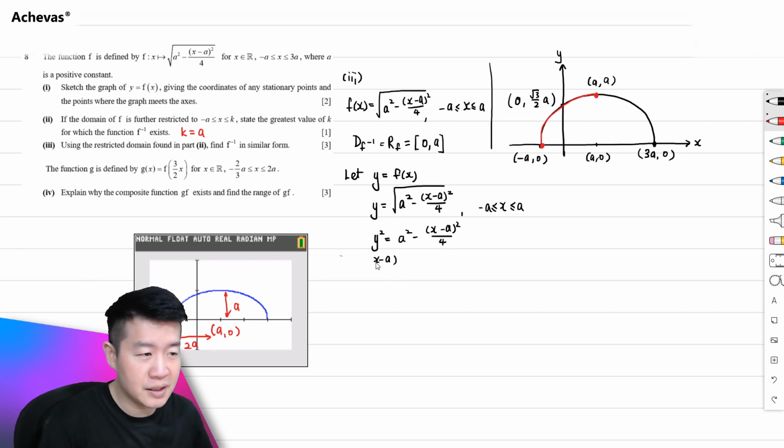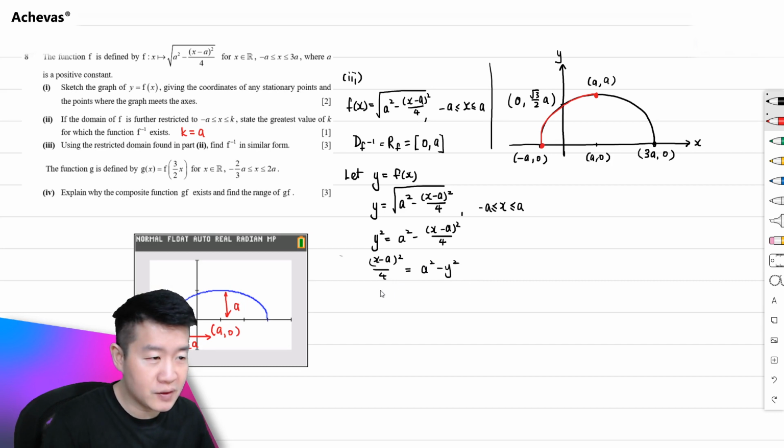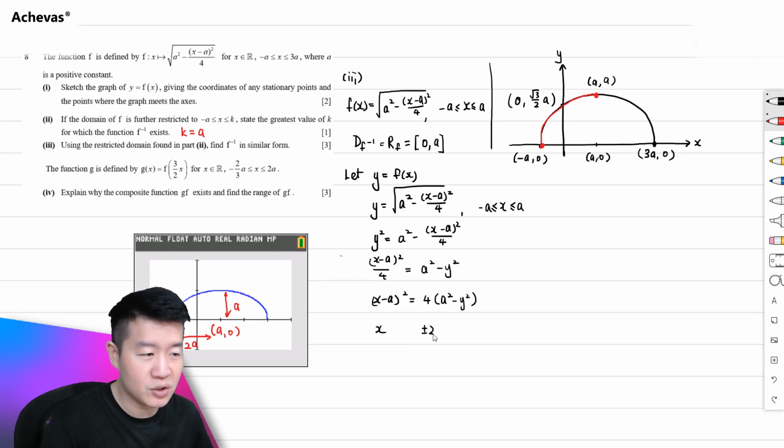So (x minus a) squared divided by 4 will be a squared minus y squared. So this tells me that (x minus a) squared is going to be 4 times (a squared minus y squared). So square root both sides, it is going to be plus minus 2 square root of a squared minus y squared. And a, when I bring it over after I've square rooted, I will have x equal to this.